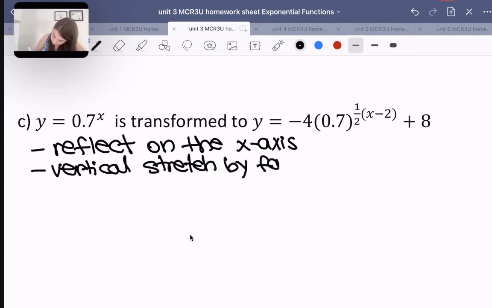Then we have a half here, and remember we always take the reciprocal of k, and the reciprocal of 1/2 is 2, right? So therefore it's a horizontal stretch by 2.